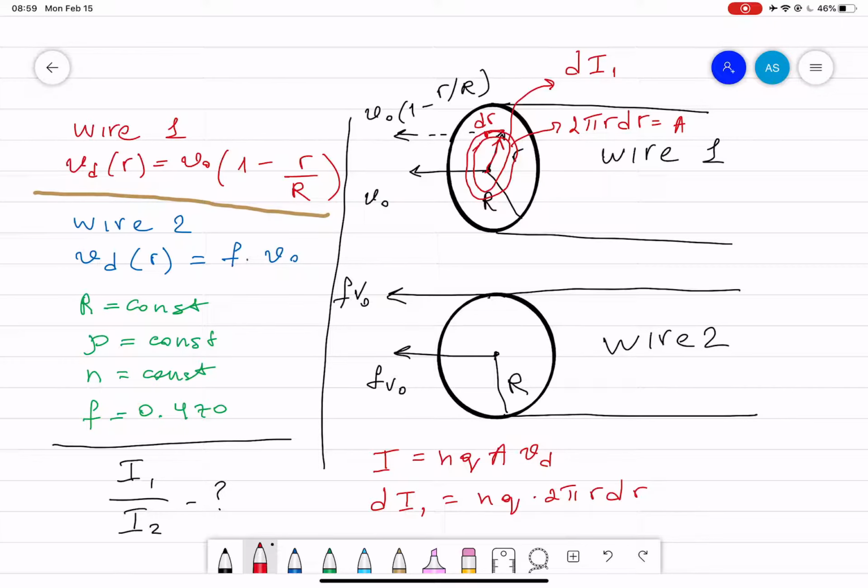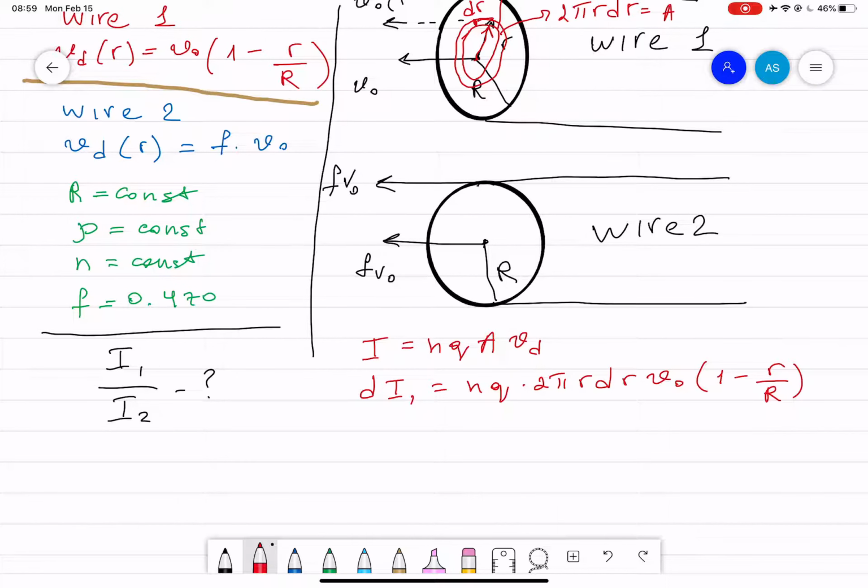So let's plug that in, where we have v0 times 1 minus small r divided by capital R. Now we can say di1 is equal to, let's rearrange certain things, nq 2 pi v0, then multiply r to the inside of the bracket, so we get r minus r squared divided by capital R, and then dr.